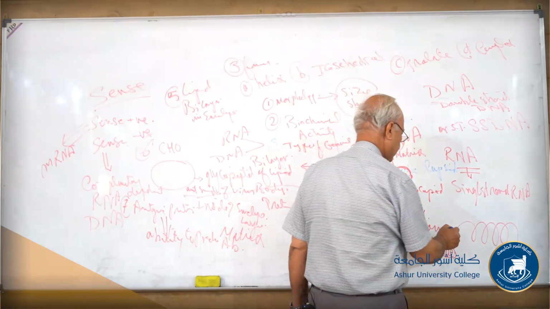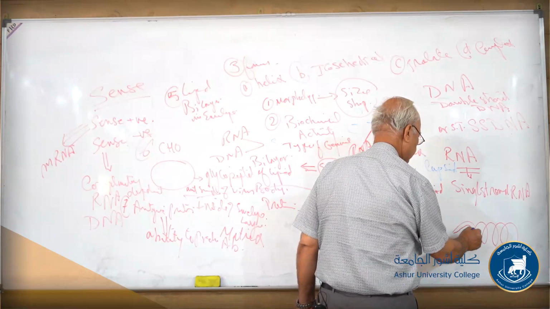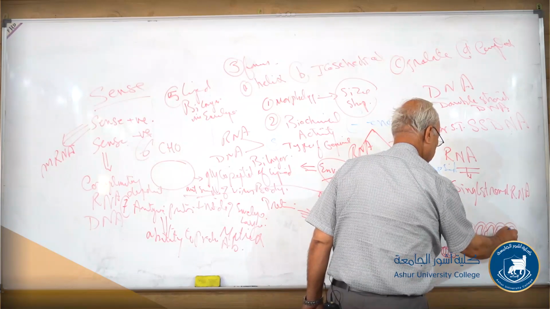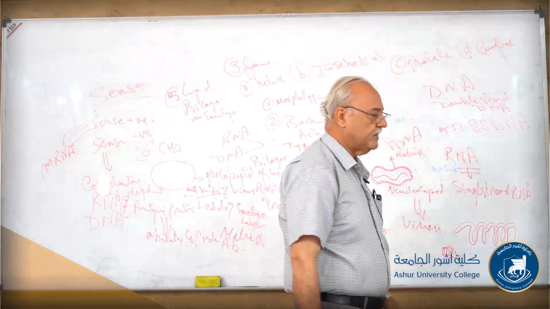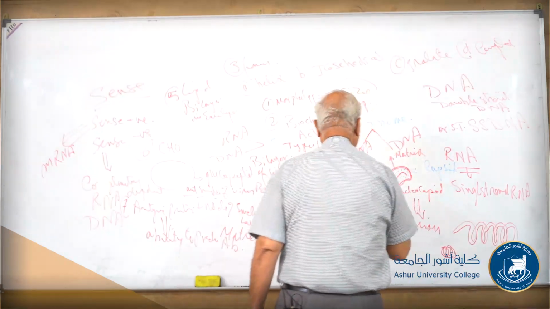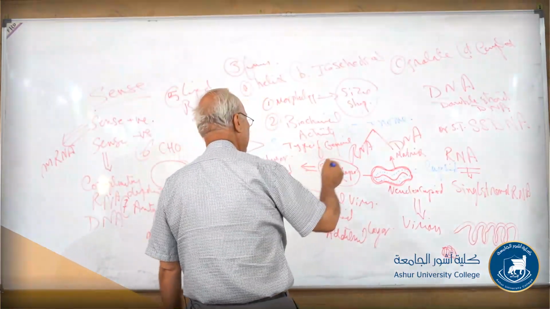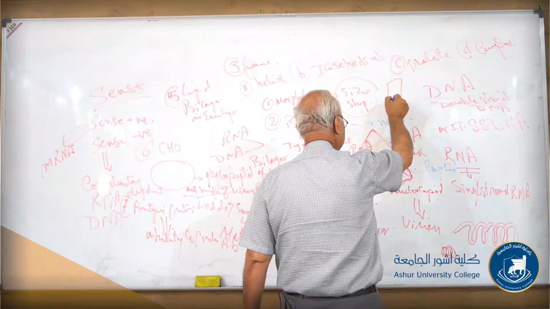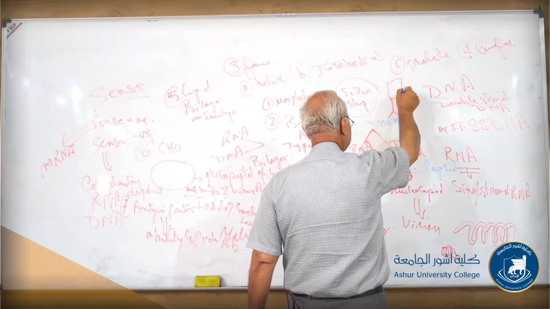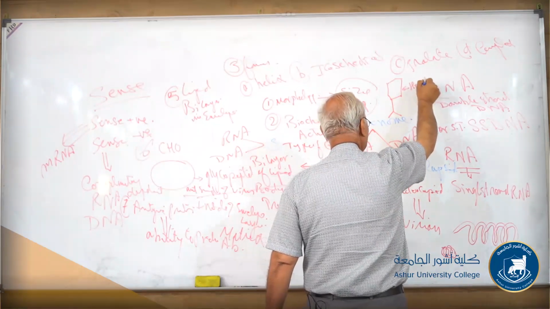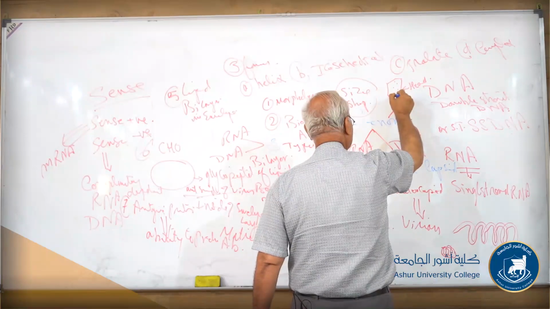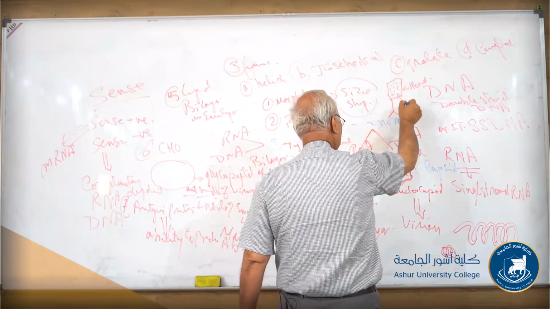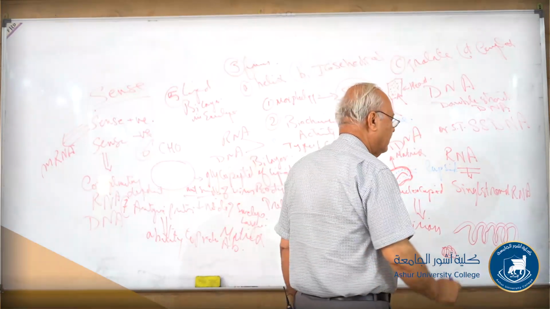Another type is icosahedral, meaning a solid shape, present like here in a virus. This is the head present in icosahedral, containing many thousands of units.